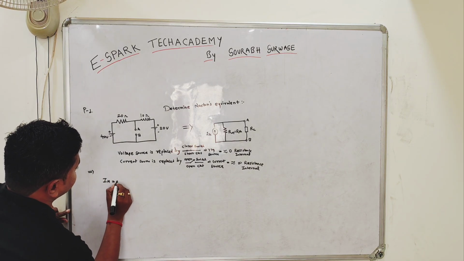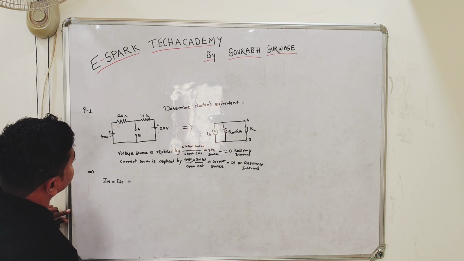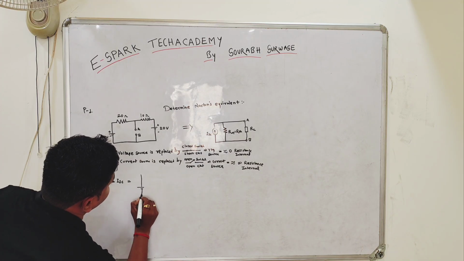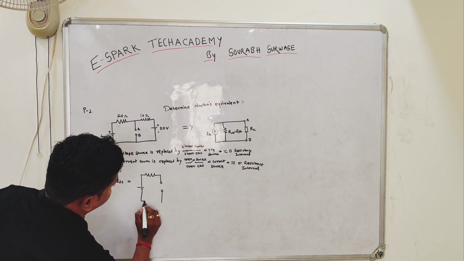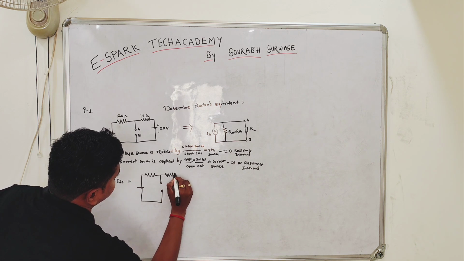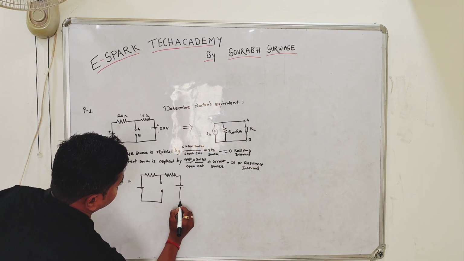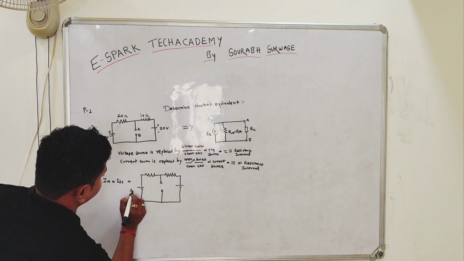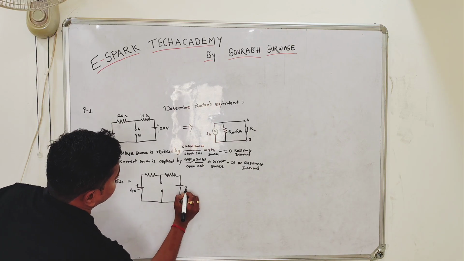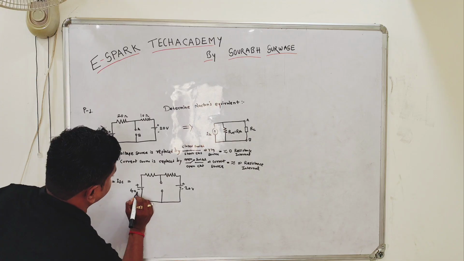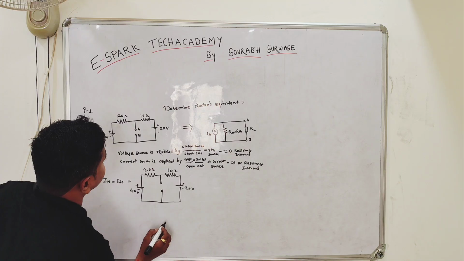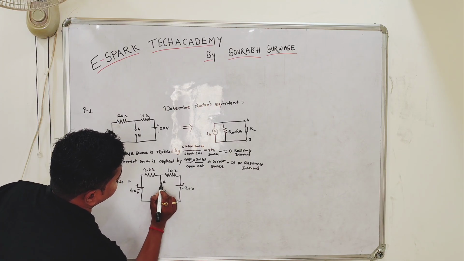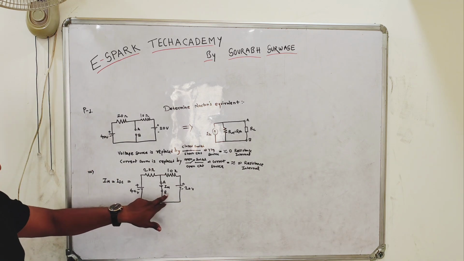Now IN equal to ISC is equal to, the circuit diagram will look like this: here 40 volt already given, here 20 already given, here the resistances are given as 20 ohm and 10 ohm respectively, and this is the point A and B through which we have to find the current. This is nothing but IN, which we have to calculate.